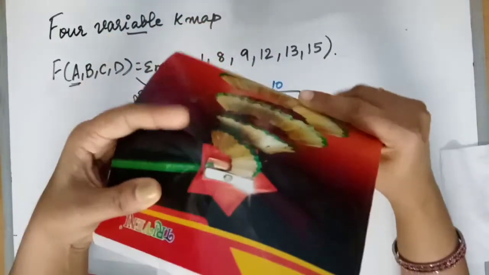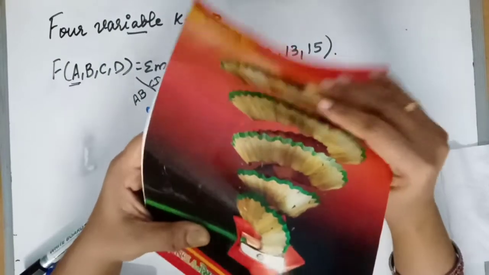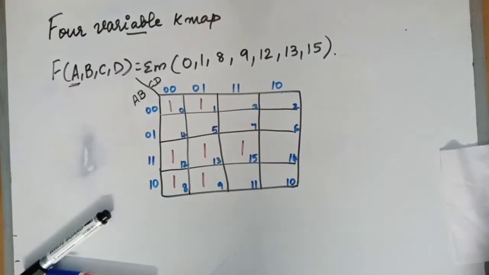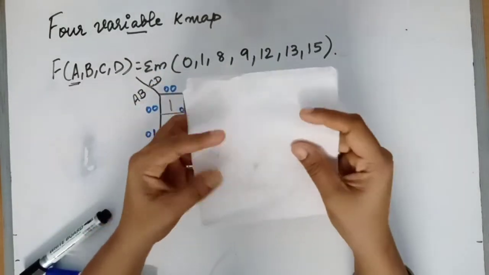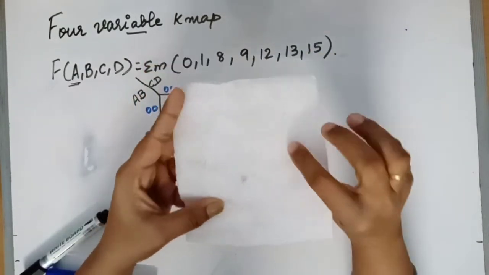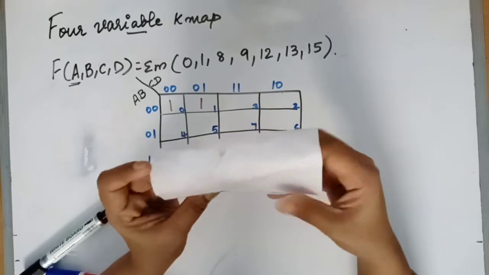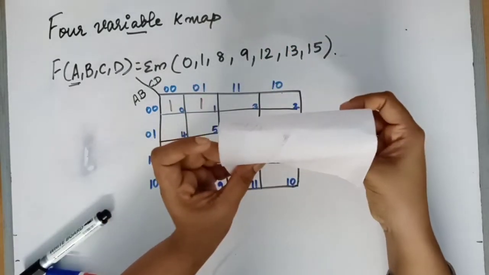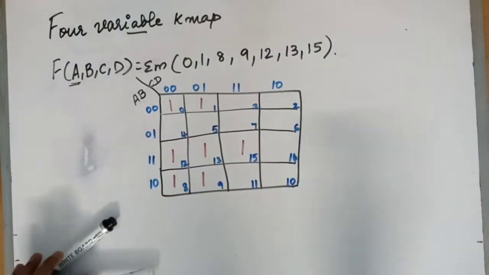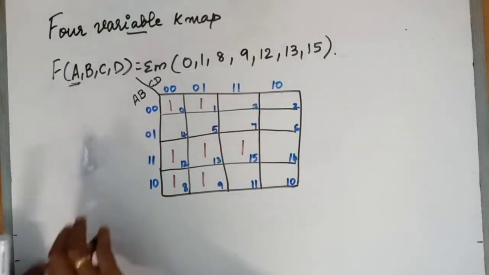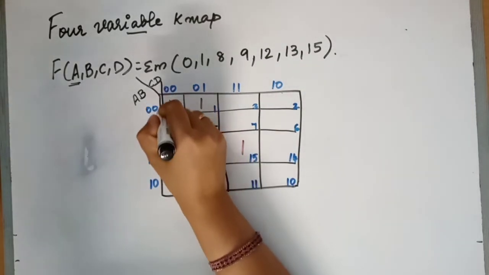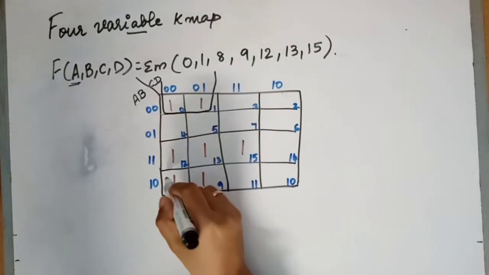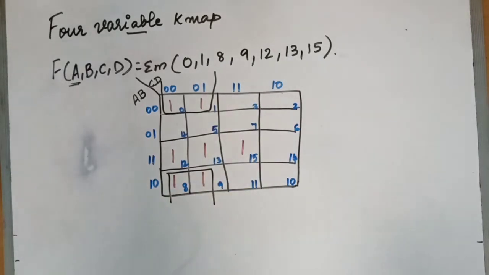So you can fold it like this, these 2 ones and these 2 ones together you can fold, because you want maximum number of ones in a particular group.